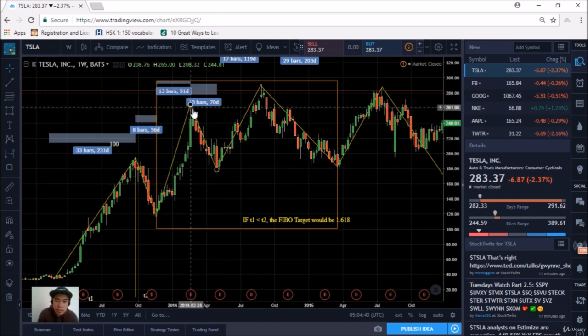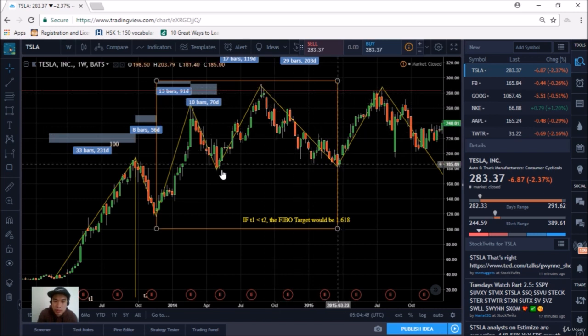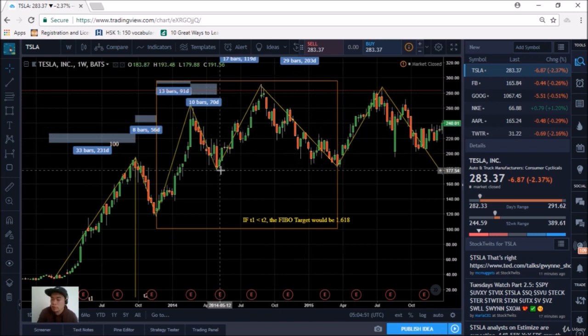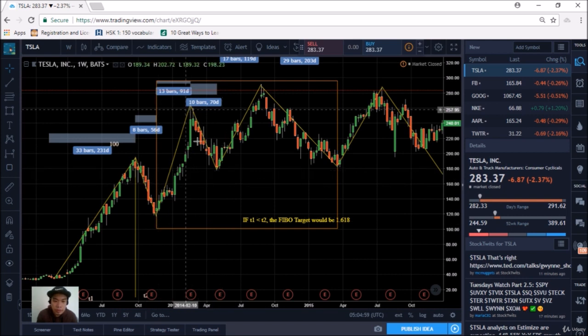Now you can see that at the second loop, the seller retraced back to the buyer line. It almost retraced back to the origin point of the buyer or demand line, compared to this loop.